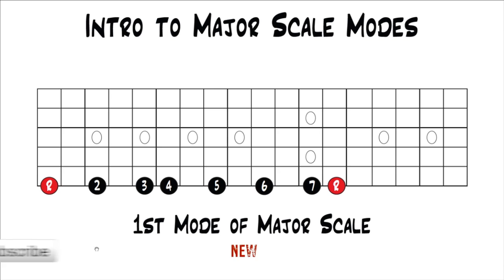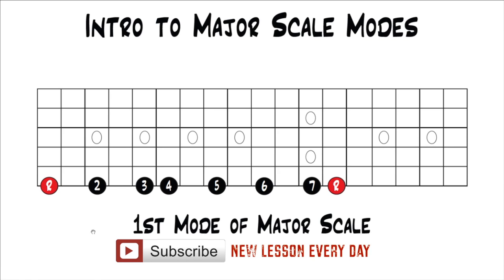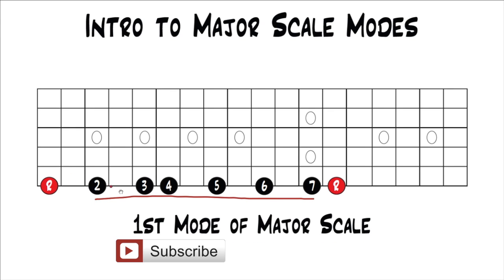And so you might wonder, what's even the point of the modes? Well, first off, modes give different colors. So if you're on the first mode of the major scale, which is just the major scale, you end up with these intervals. All these intervals have different colors. The spaces between all these intervals just add different colors, and a major scale adds a pretty bright color because you have the major third, the major seventh, and there's no minor intervals or diminished intervals, so it's a pretty bright sound.